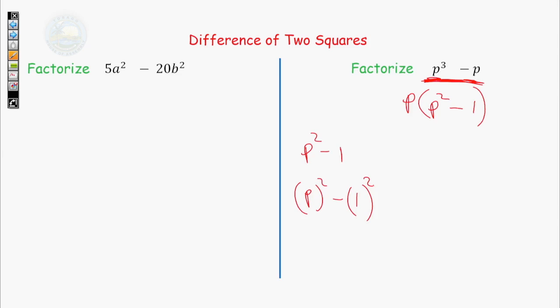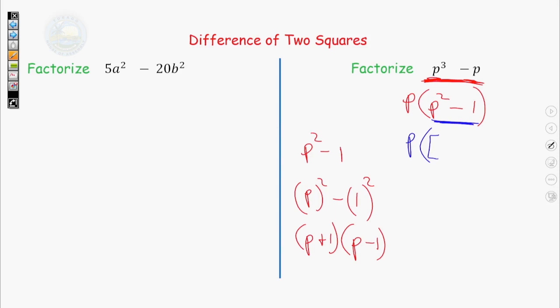To factorize a case of difference of 2 squares, take the first term, add it to the second term, then take the first term, minus the second term, and we have factorized the difference of 2 squares part of the question. So what we then do is join them back. It is now going to become p brackets. Now remember what we said, that p squared minus 1 is a difference of 2 squares.